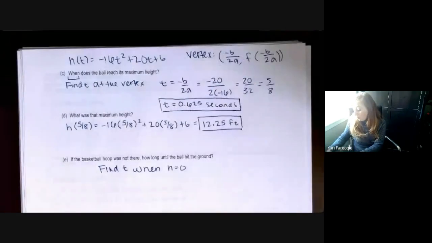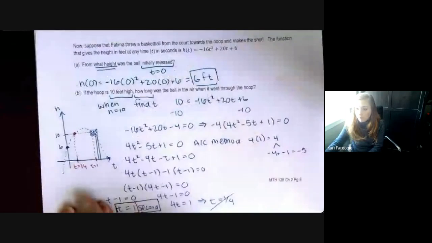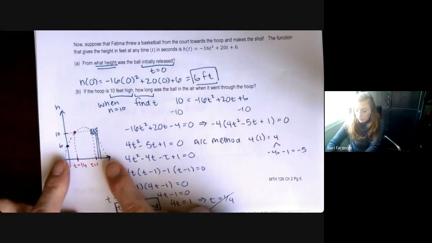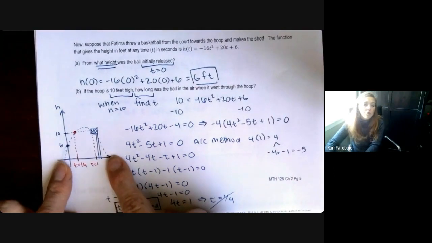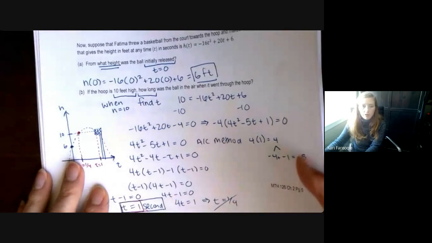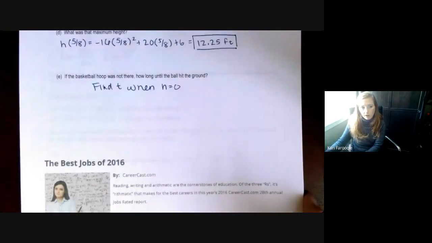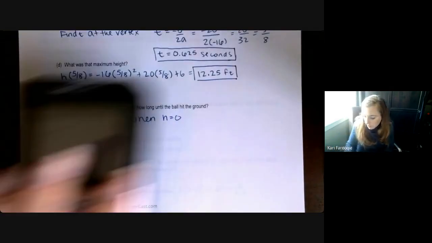Now, if you'll remember from our diagram, I'll remind you, the height is also going to be 0 over here. So when you solve this equation, you're actually going to get 2 different values of t. I'm going to show you how to find one of them in your calculator. We only need the one that really corresponds to our answer. And then we'll solve a quadratic equation to actually find that value. So back to your calculator.